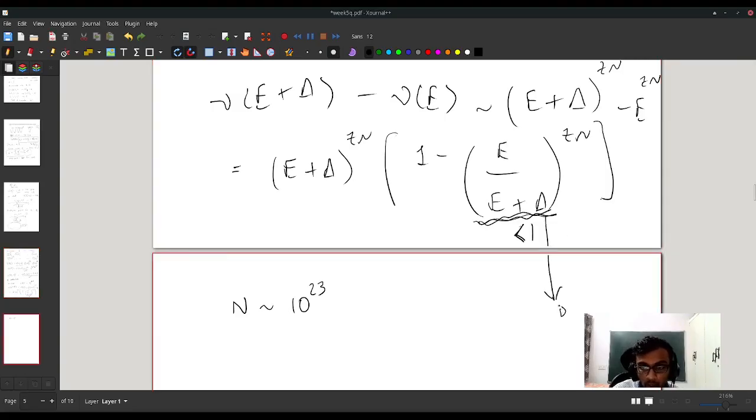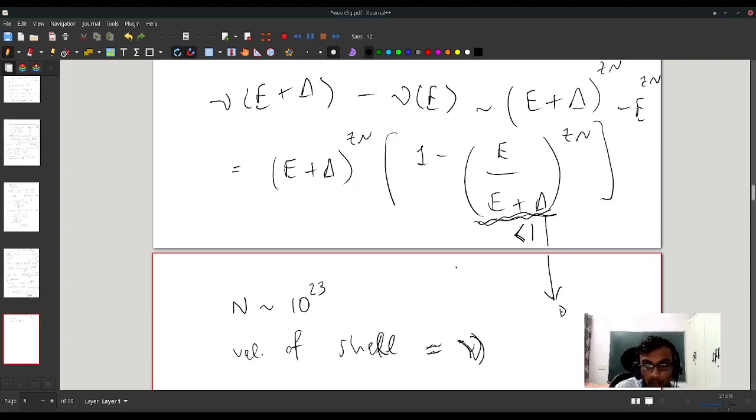That means that the volume of the shell is, to a very high accuracy, basically equal to the total volume enclosed by the outermost surface.